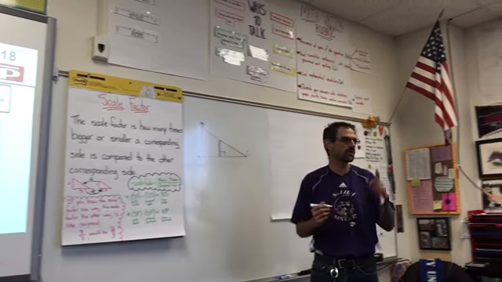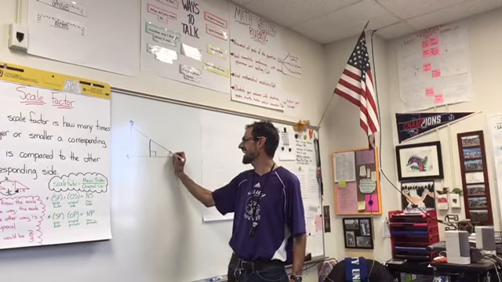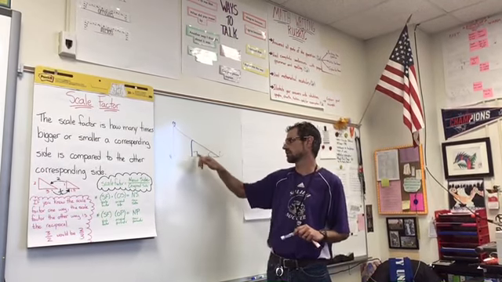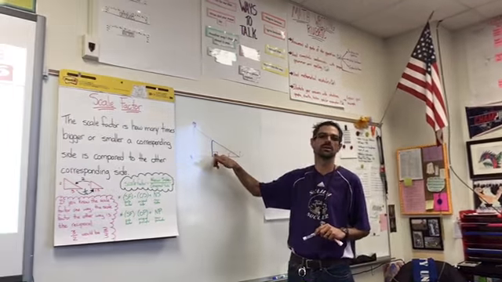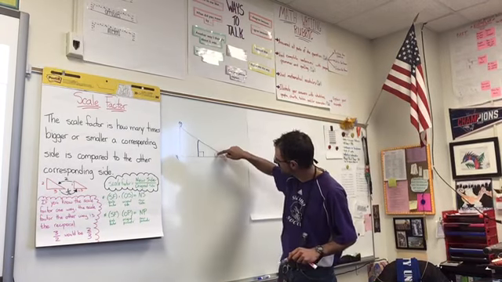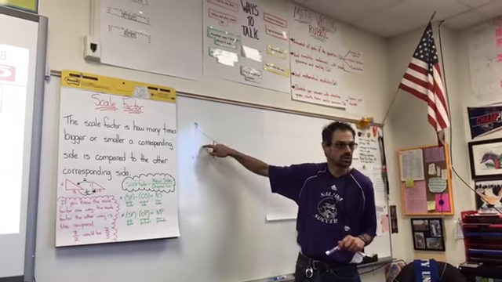So a nested triangle, they share one angle in common, and then the other angle is a 90-degree angle. So that means all angles end up being the same. And if all angles are the same, it is a similar triangle.